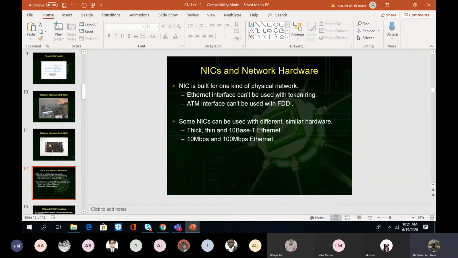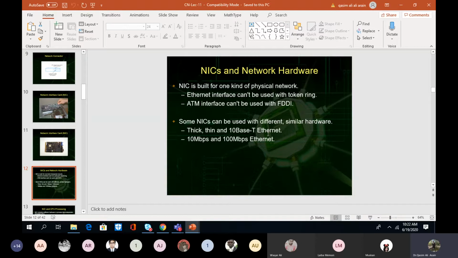लेकिन make sure they all comes under the category of an Ethernet interfaces। ऐसा नहीं है कि हम ATM यूज कर रहे हैं या हम FDDI यूज कर रहे हैं, no, they all come under the Ethernet interfaces but they are different in their structure, thicknet, thinnet or 10 base T, right? I would be telling you in the next few slides, but right now you have to understand this thing inside your mind कि जी हमारे पास हर एक स्टैंडर्ड के लिए उनकी अपनी डिवाइसेस और अपने कनेक्टर्स होंगे which are being used for that particular standard, right?